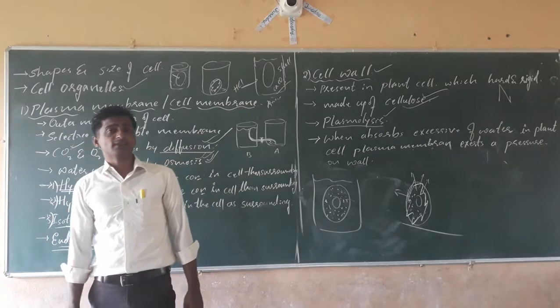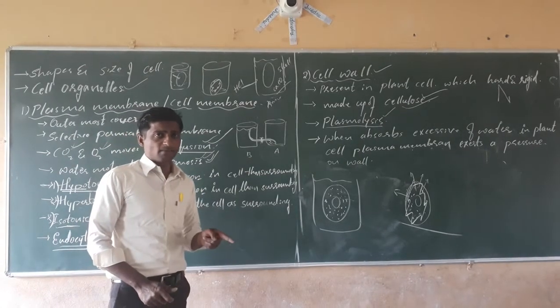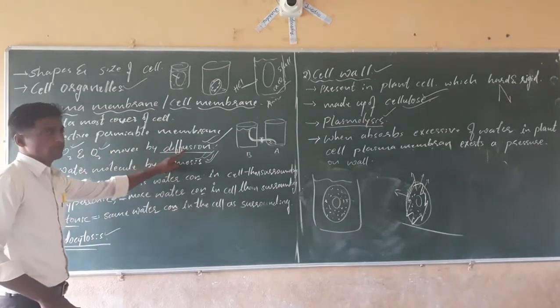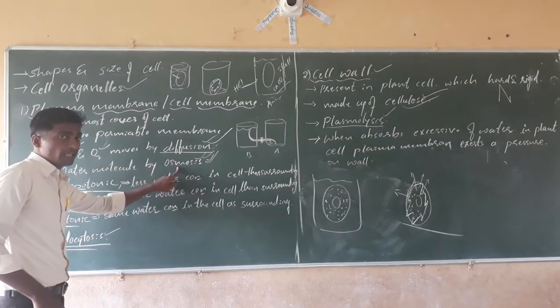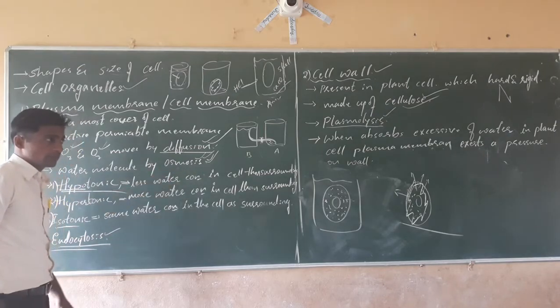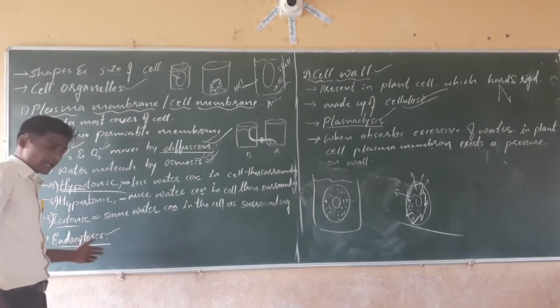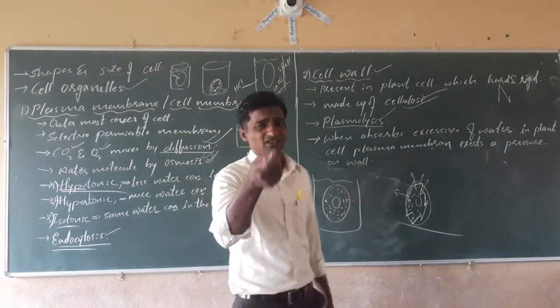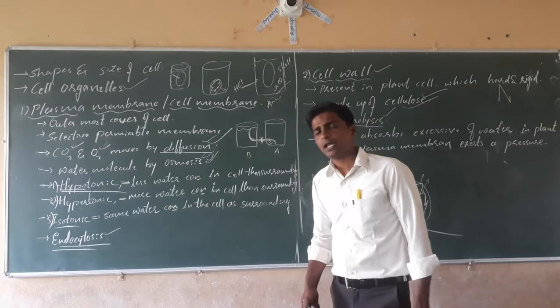Next, dear students, through the cell membrane, gaseous molecules will move by the diffusion process. Water molecules will move through the osmotic process. If any food molecule or solid material has to enter the cell, what will happen?